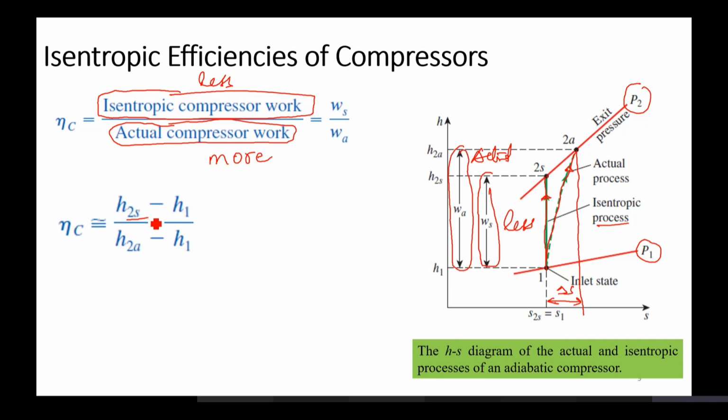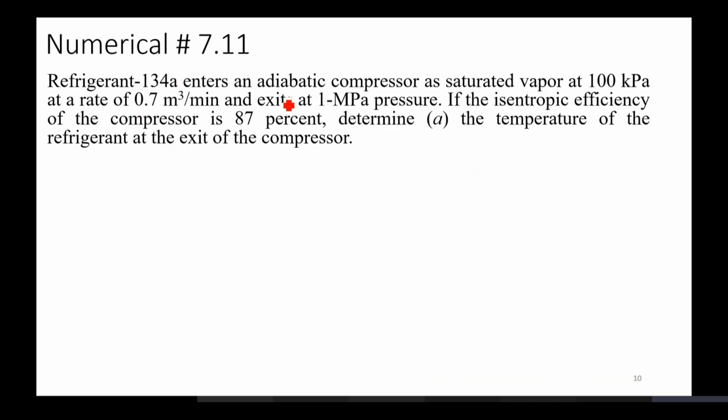So the H2S minus H1 is the isentropic work and H2A minus H1 is the compressor work. We have placed the difference such that we have positive quantities on both ends. So refrigerant R134A enters an adiabatic compressor as saturated vapor at 100 kilopascals.